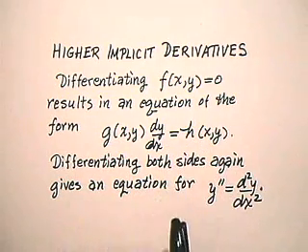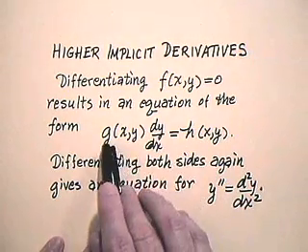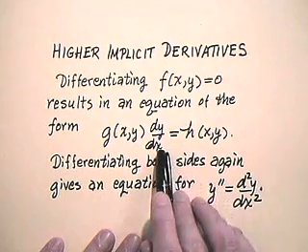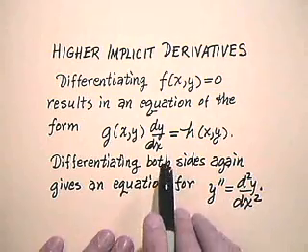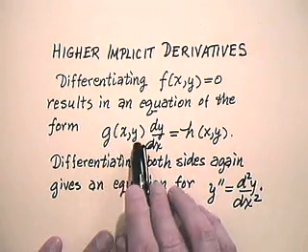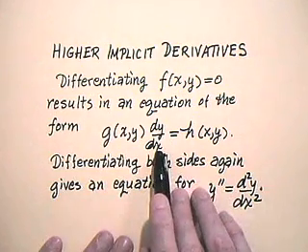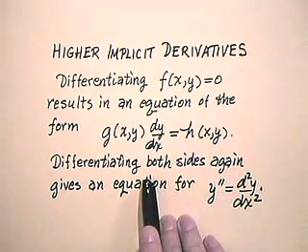That is, our equation after differentiation always has the form some expression in x and y multiplied by dy/dx equals some other expression in x and y. So typically we would now divide both sides by g of x, y, that is, divide both sides by whatever expression multiplies dy/dx, and that would solve for dy/dx, giving the implicit derivative.